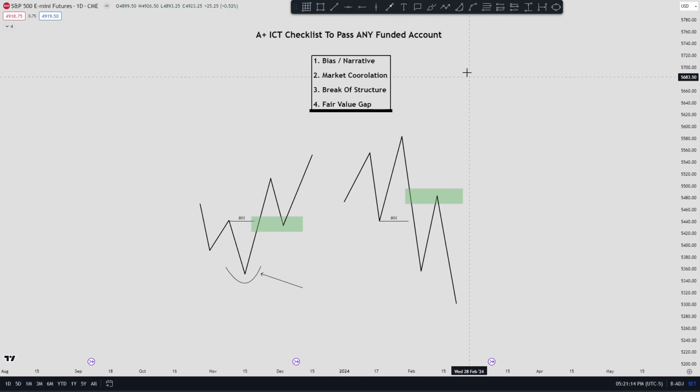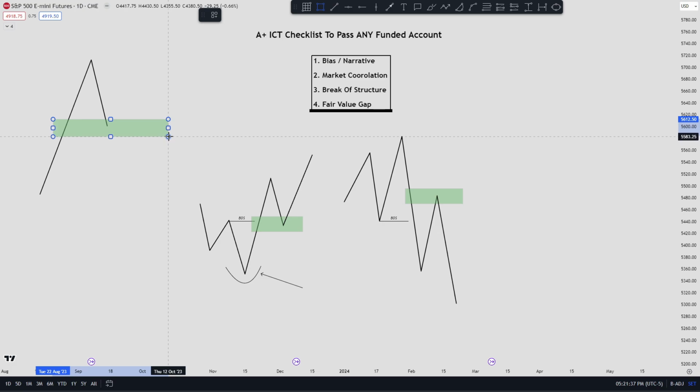So this fair value gap breaker structure is on the lower time frames, and the bias and market narrative is on the higher time frames, meaning on the higher time frames, you're anticipating a push higher back into a higher time frame key level to then see a continuation higher, right?